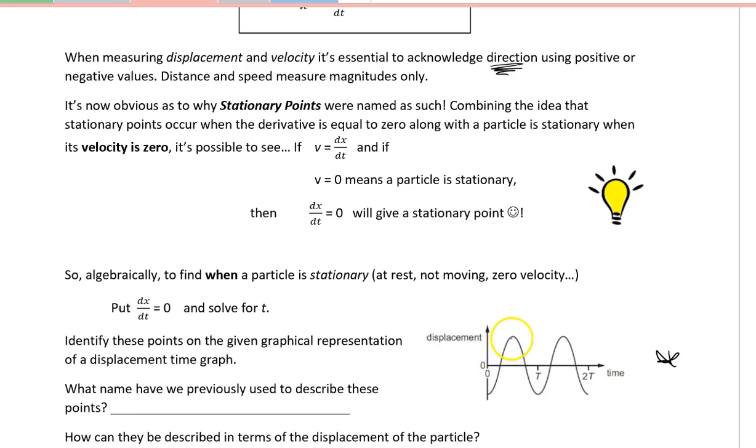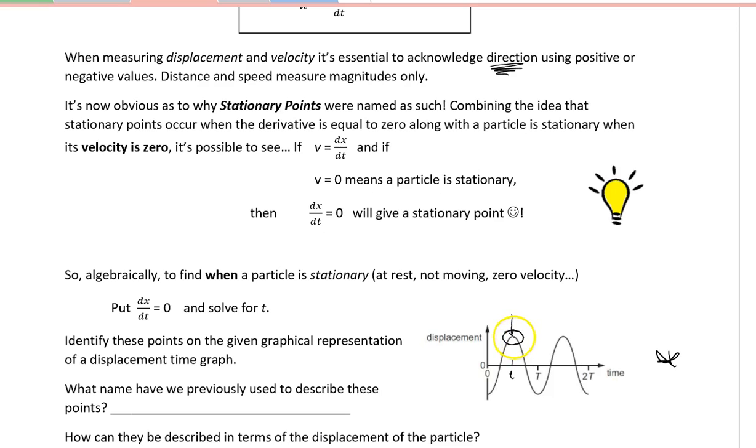Then it went in the positive direction. Now, I'm really going to focus on what's going on here with the particle. It's going away in the positive direction until it reaches a point, and hopefully you can see right here at this particular point, and we'll be really interested in the point in time, something happens to the particle.